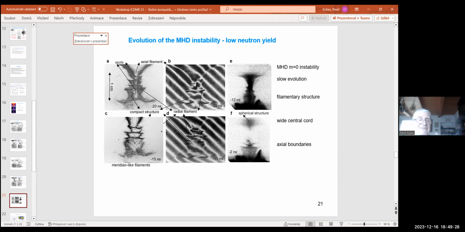But interesting is that the cord in the center has higher diameter, and this discharge differs from the high neutron yield due to slow evolution. Here we see once more filamentary structure, once more wide central cord, and during explosion, we see the decay of structures, but in this case, it is slower and part by part.